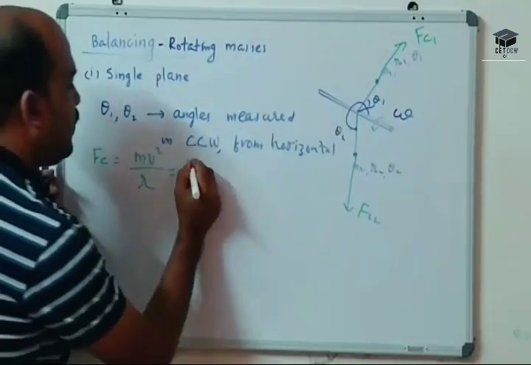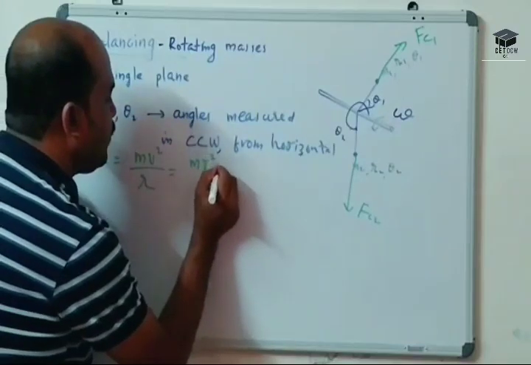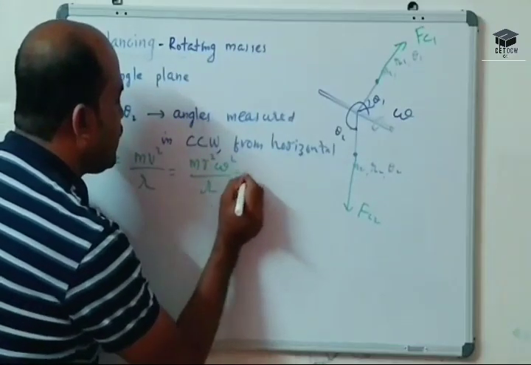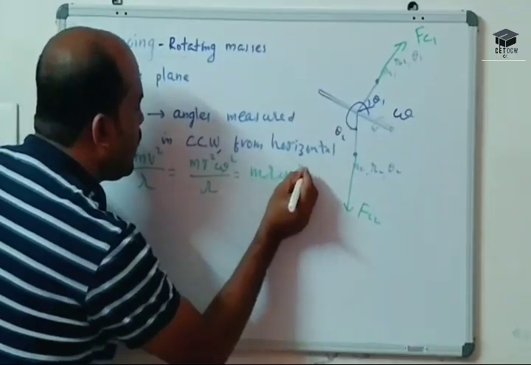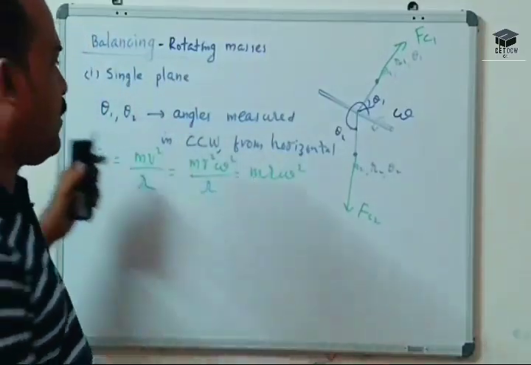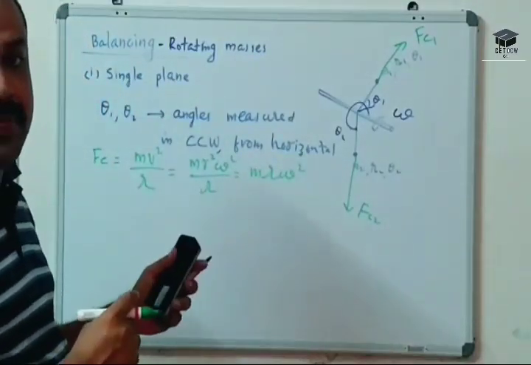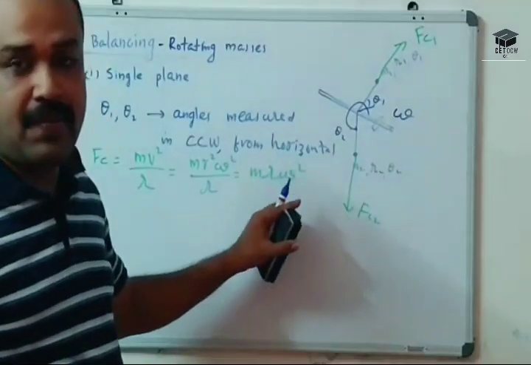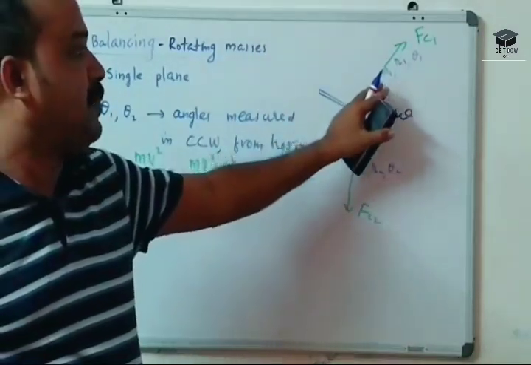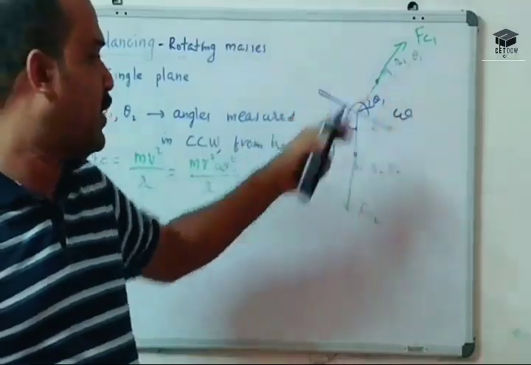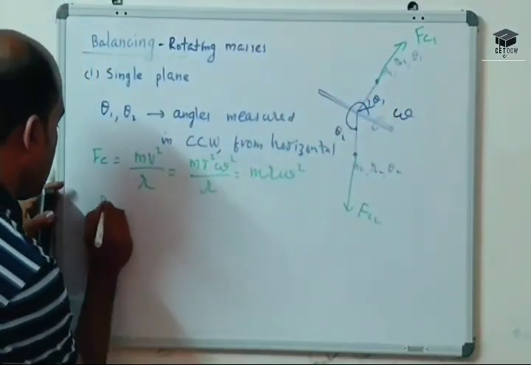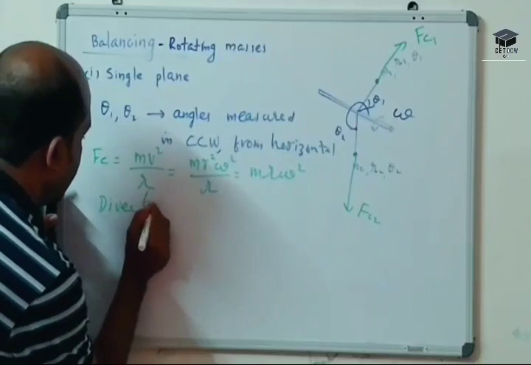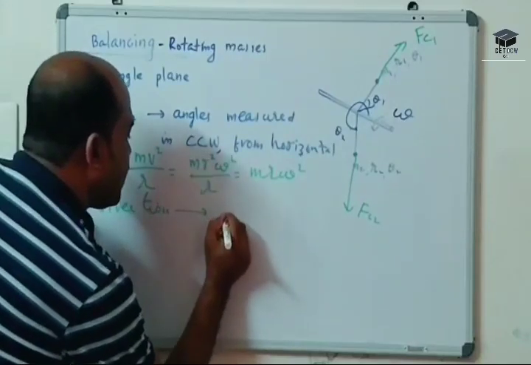This v is r omega, so it is m r square omega square by r, that is m r omega square Newton. That much Newton will be the magnitude of the centrifugal force experienced by the mass m1. And how is the direction? Direction is always radially outward.